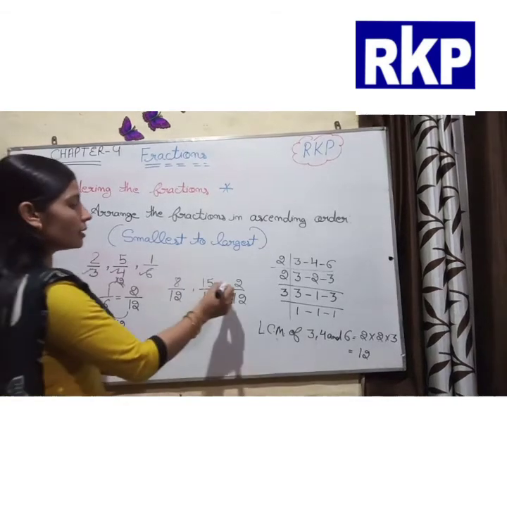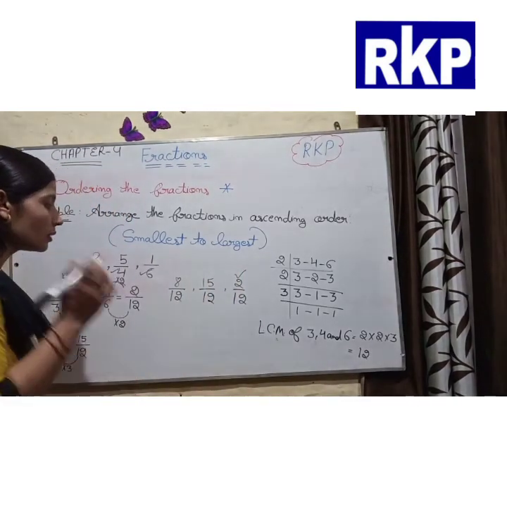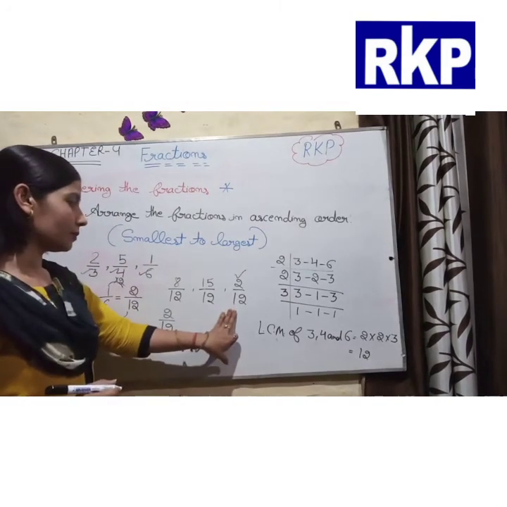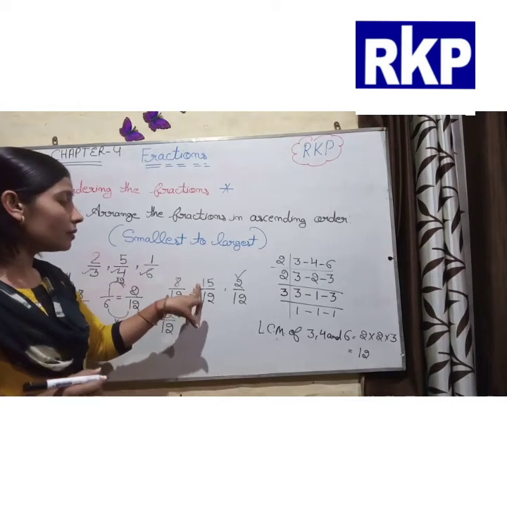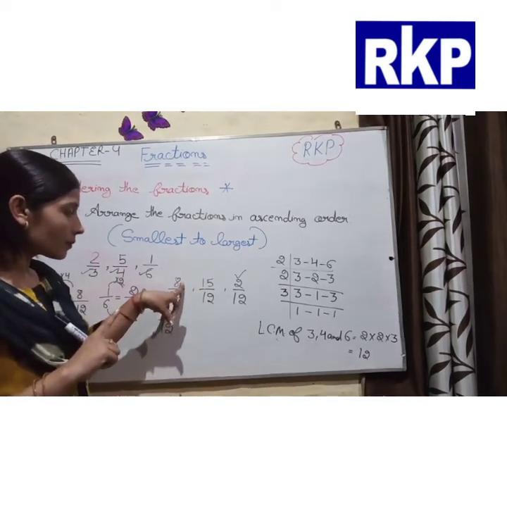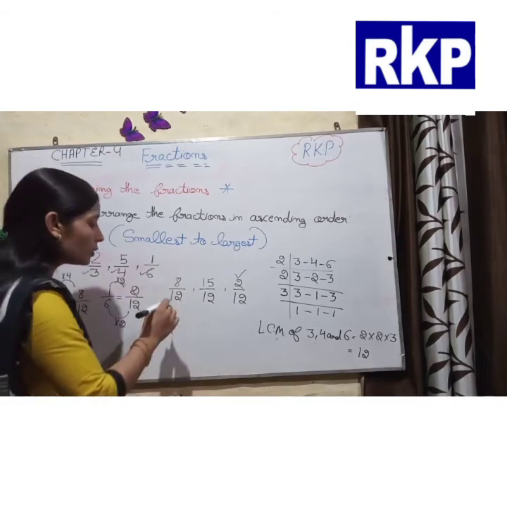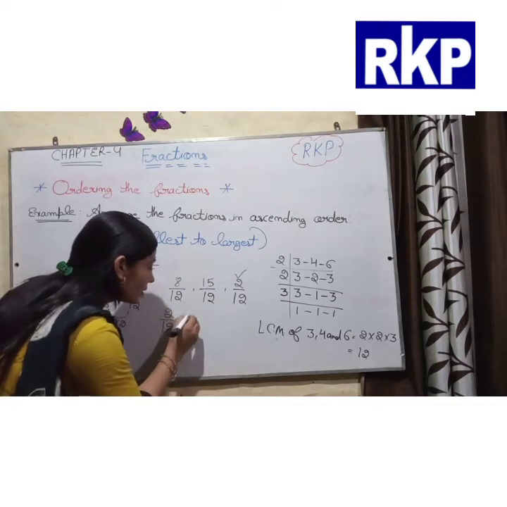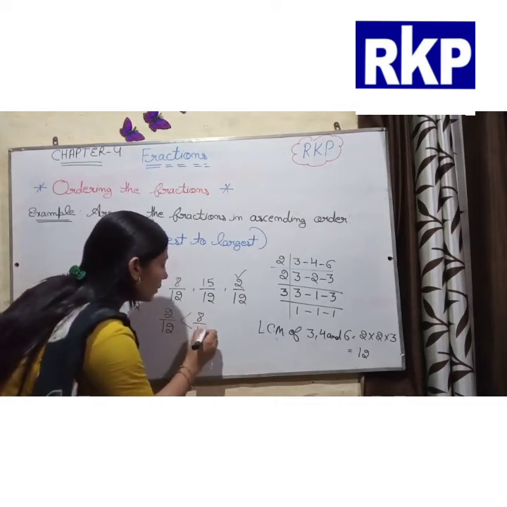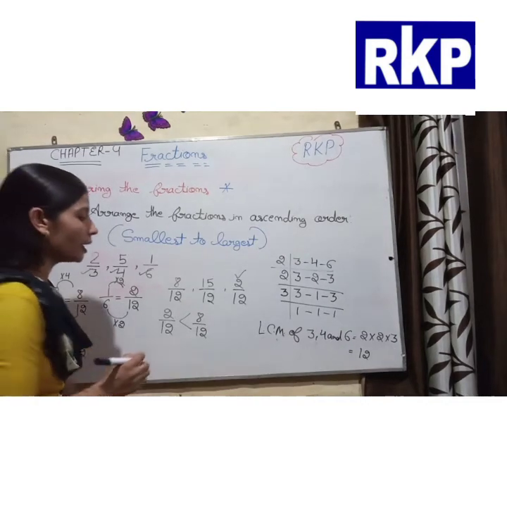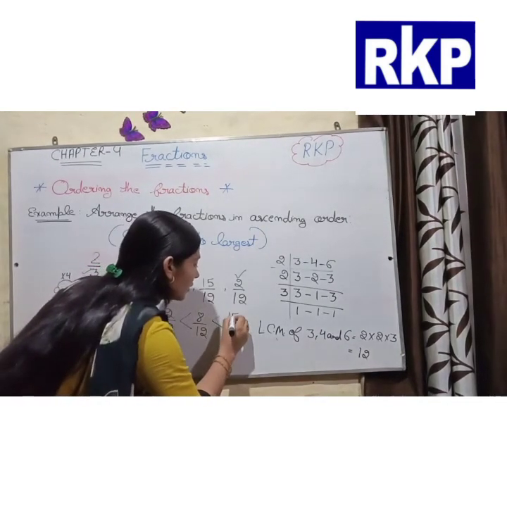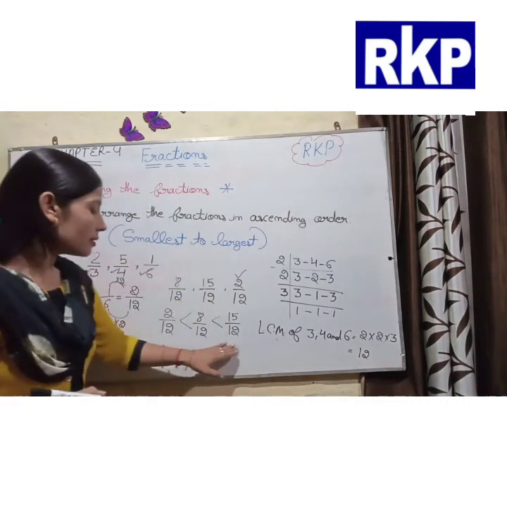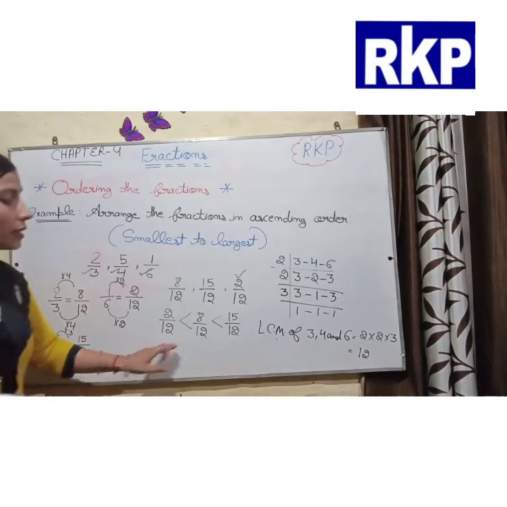So here we can see 2 is smallest. So 2 by 12 is the smallest fraction. Now between 8 and 15, 8 is smaller. So now we have to write 2 by 12 smaller than 8 by 12. And after that we have to write 15 by 12. Now these fractions are arranged in ascending order.